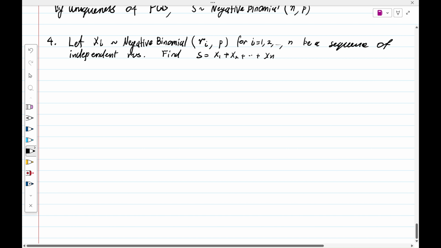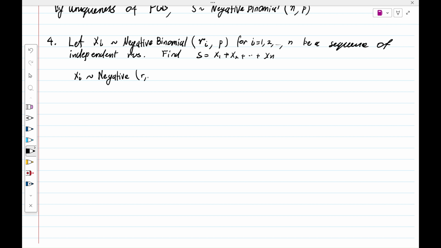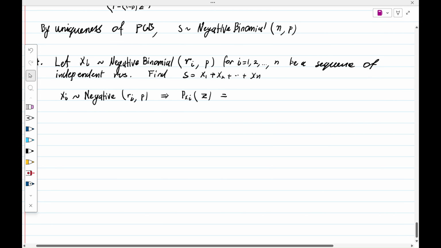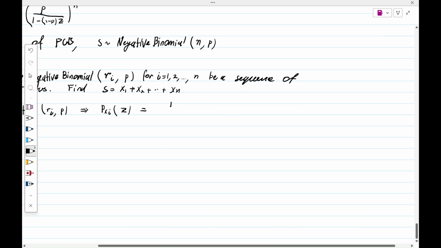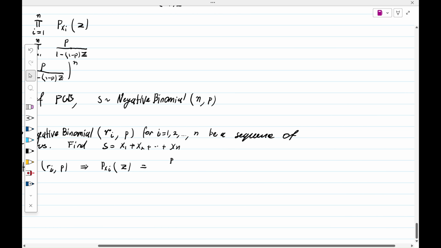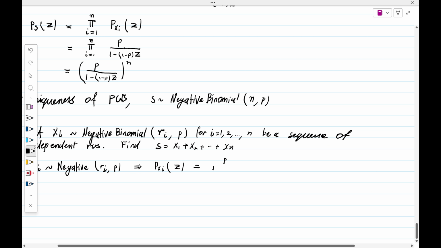Well, firstly, note that if xi has a negative binomial distribution with parameters ri and p, then this tells you that the probability generating function of xi is going to look very similar to the one above: p over 1 minus (1 minus p) z, all to the power of ri.